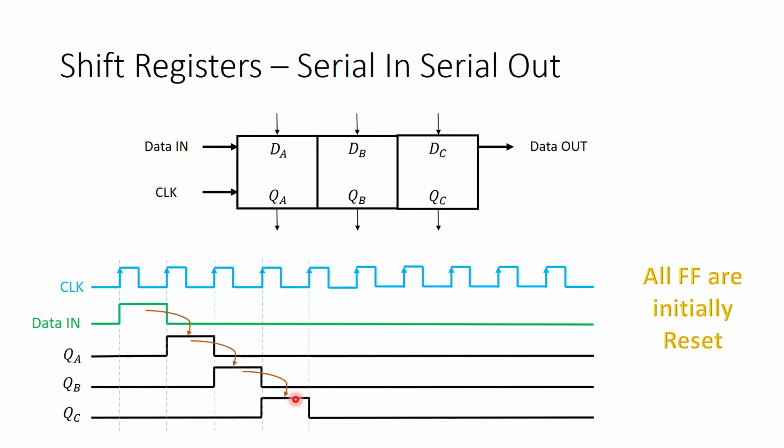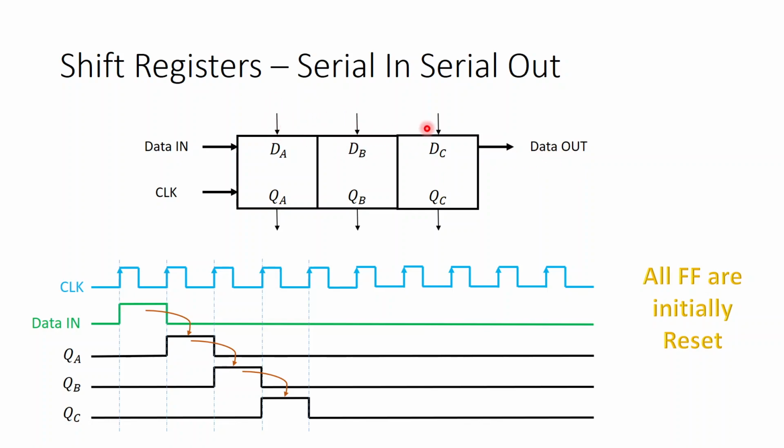Hence we can draw it like this. So this is a series connection, like this DA flip-flop, DB flip-flop, DC flip-flop are series connected and the same clock is triggering them. So only one clock input we can write here. The data in comes here and data out comes out from the last flip-flop.